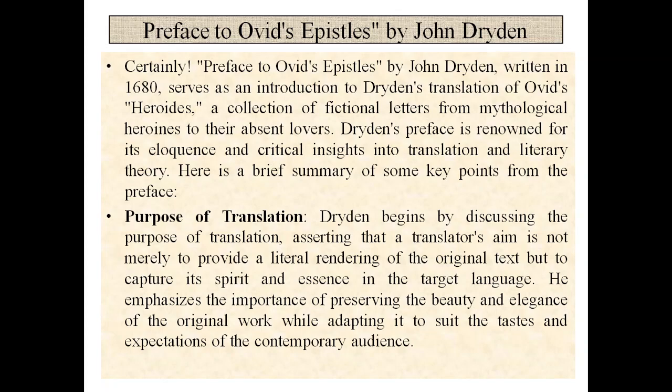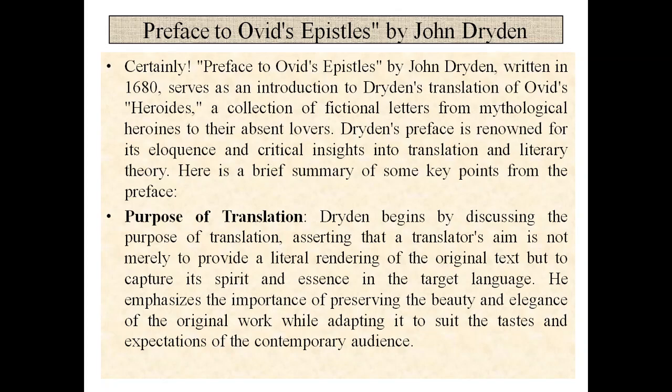So he emphasizes the importance of preserving the beauty and elegance of the original work. तो दोनों चीज़ों को emphasize करता है वो. पहली चीज़ कि जो ओरिजिनल ब्यूटी है और एलिगेंस है, स्टाइलिस्टिक एलिमेंट्स जो लैंग्वेज में है, ओरिजिनल वर्क, दैट मीन्स द सोर्स टेक्स्ट, उनको भी प्रिजर्व करना है और अडेप्ट भी करना है, उनको बदलना भी है एज पर द टेस्ट और नीड, और यू कैन से एक्सपेक्टेशंस ऑफ द कॉन्टेम्पररी ऑडियंस.